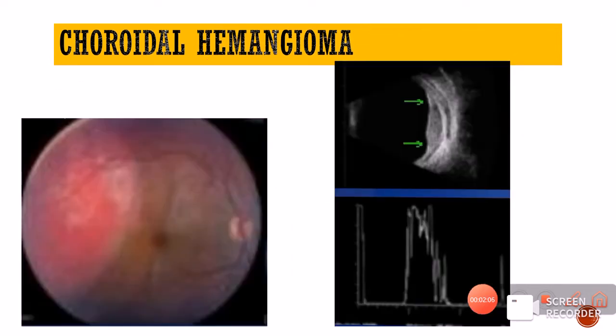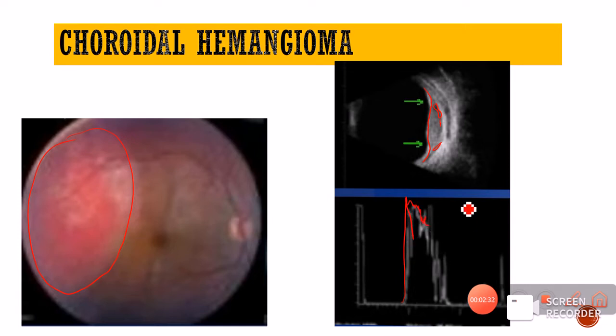This picture shows on the fundus image an orangish kind of lesion, which they suspected to be a hemangioma, and then finally they did a B-scan. You can see this lesion, which looks almost homogeneous with certain inconsistency here, and then on the B-scan it showed a tall spike, followed by high reflective spikes.